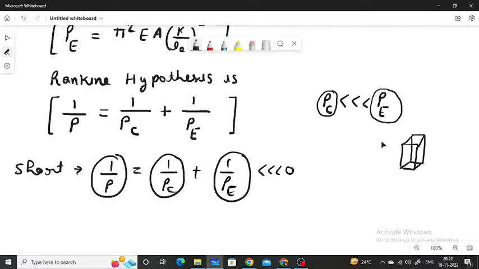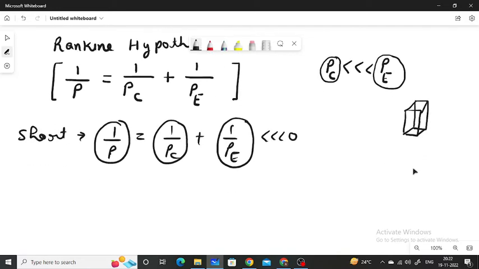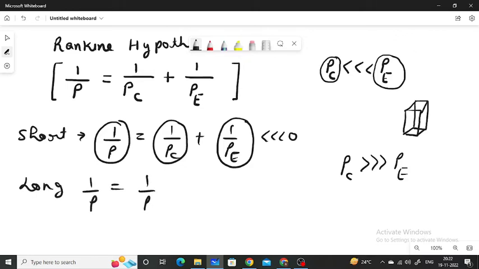Now, in the case of a long column, crushing load is high in comparison to the buckling load. So again, here 1 by Pc will be nearly 0 compared to 1 by Pe.